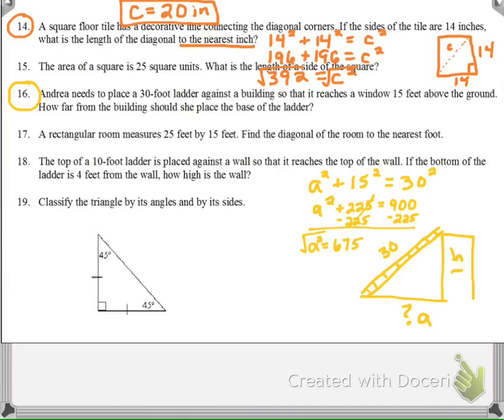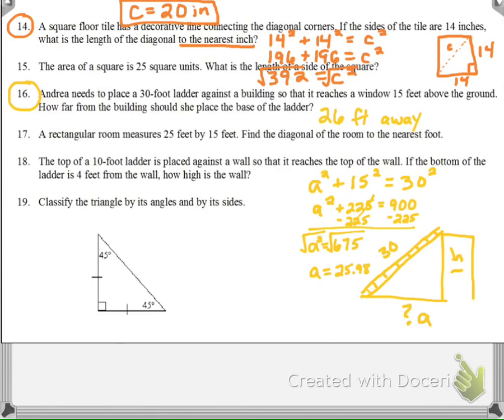So to get rid of the squared, I square root it. And I get A equals 25.98. Now, I'm going to go ahead and round that one as well, and I'll say that it needs to be 26 feet away from the building.